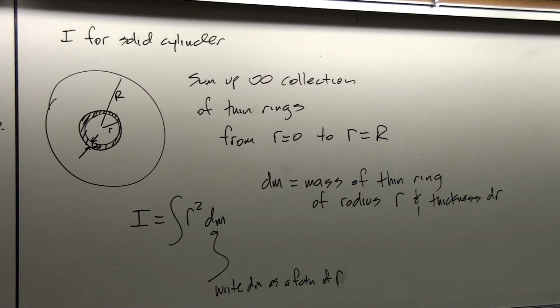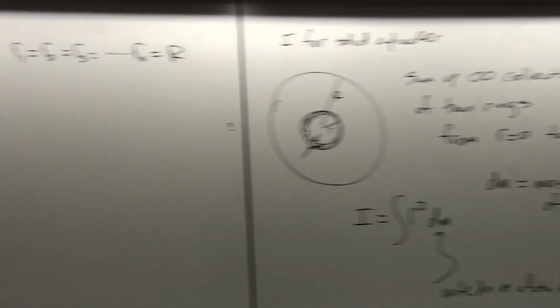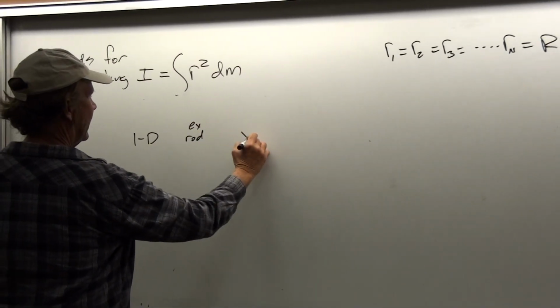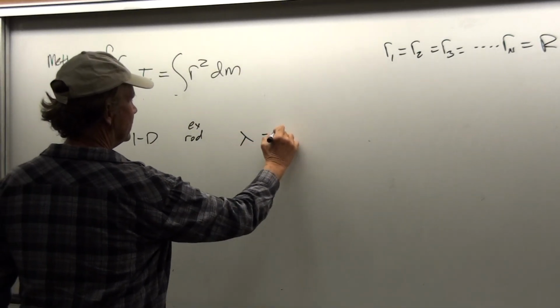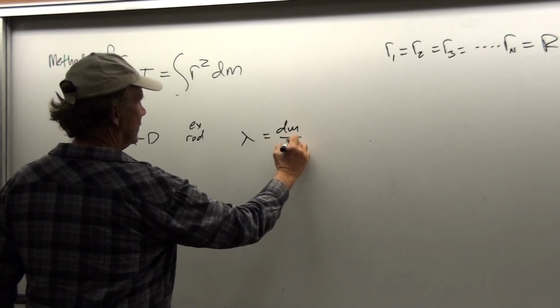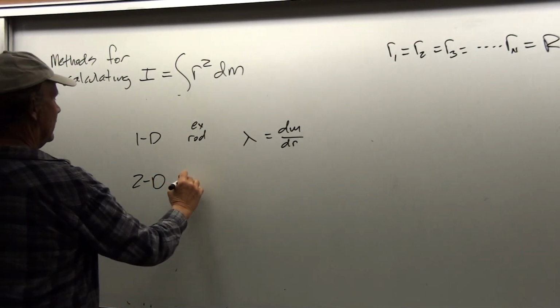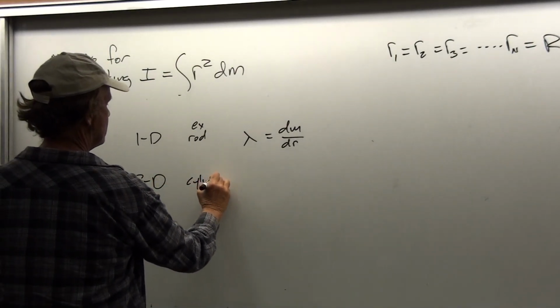But because it's two-dimensional, in 1D problems, like the rod, then we have lambda is equal to dm dr. But here it's 2D, like a cylinder.